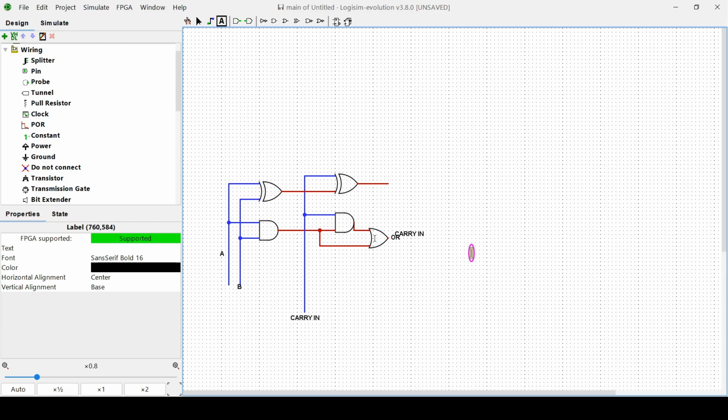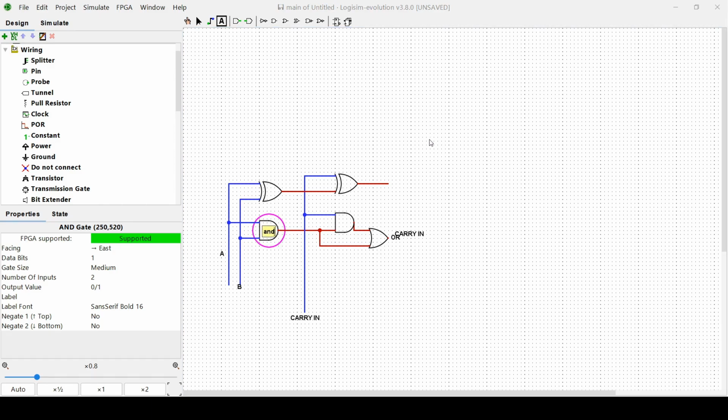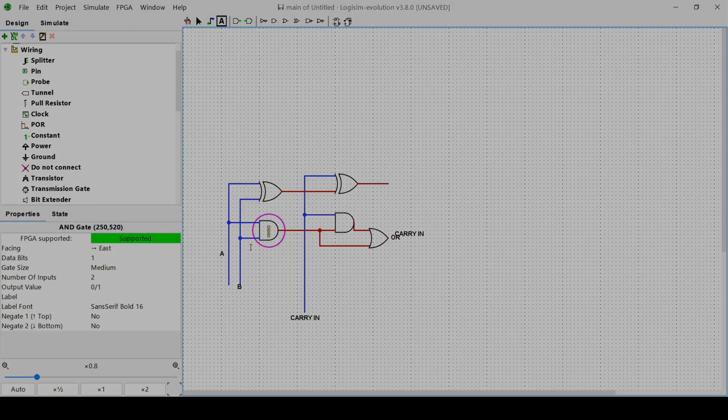Instead of using an OR gate, you'd hook 2 wires together, which means that whenever one of these is powered, the power will automatically go out. So this gate doesn't need to be here. This is an AND gate. This is also an AND gate, and these are both XOR gates. So that's the basics of what we're dealing with here.